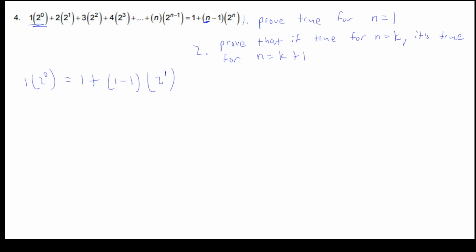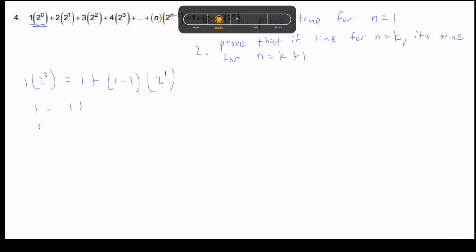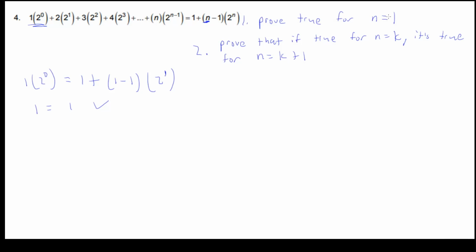Okay, so 2 to the 0 is 1, so 1 times 1 is 1. 1 is equal to 1 plus 1 minus 1 is 0, 2 to the 1, anything times 0 is 0. So 1 equals 1, and we've proved that it works for n equals 1.